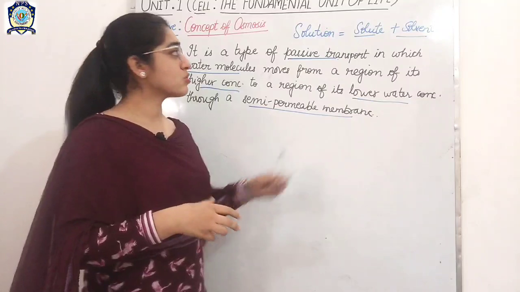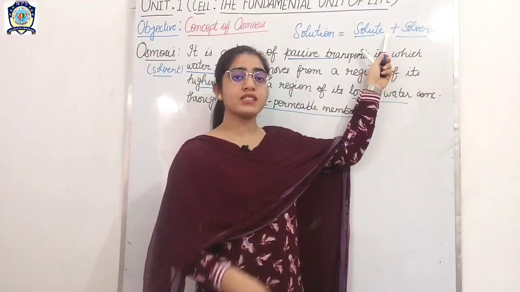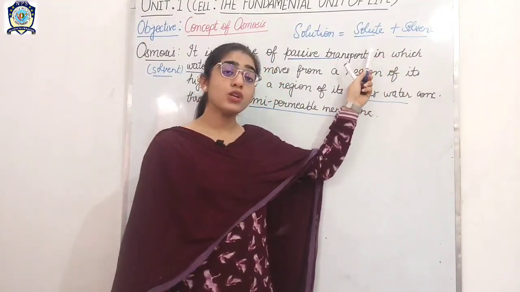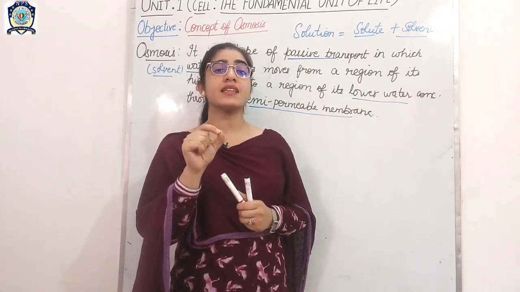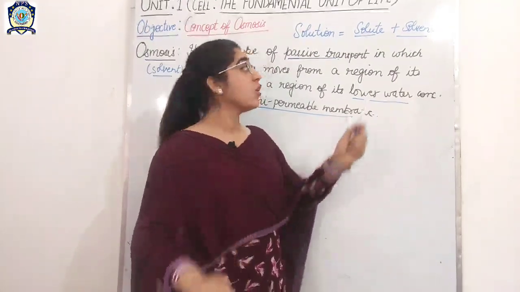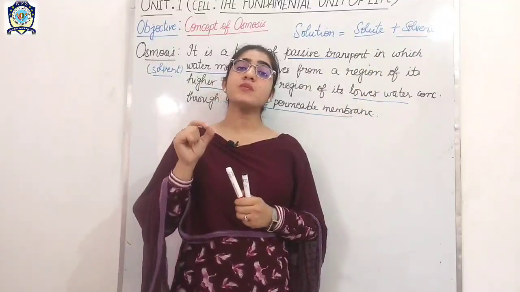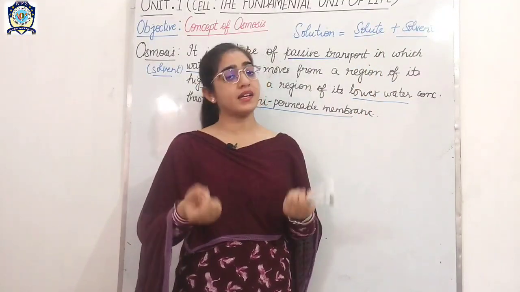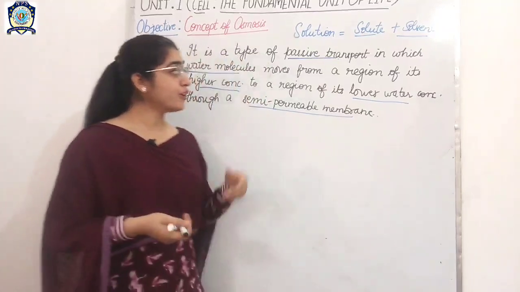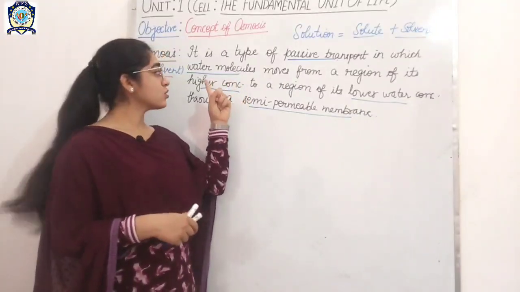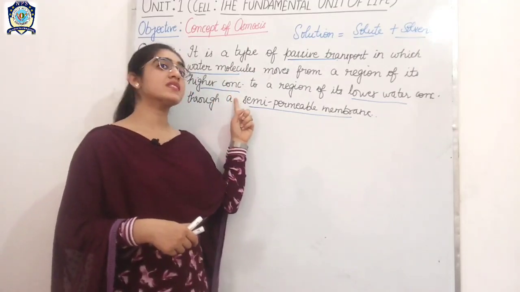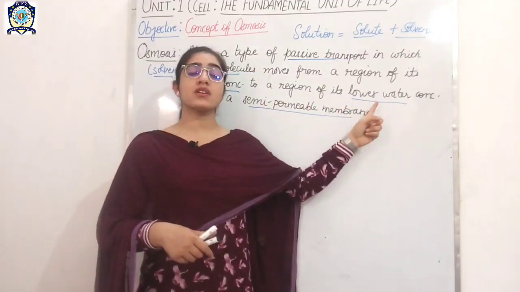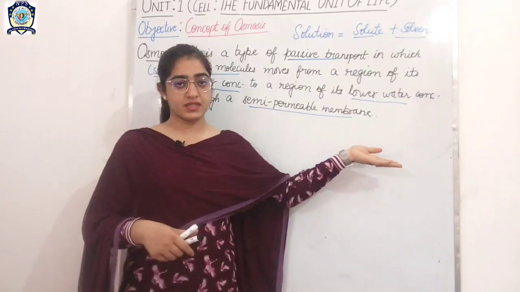One is the solute and the other is the solvent. Solute is the part of the solution which is present in the lesser amount, while solvent is present in the higher amount. So the solvent moves from a region of its higher concentration to a region of its lower water concentration.